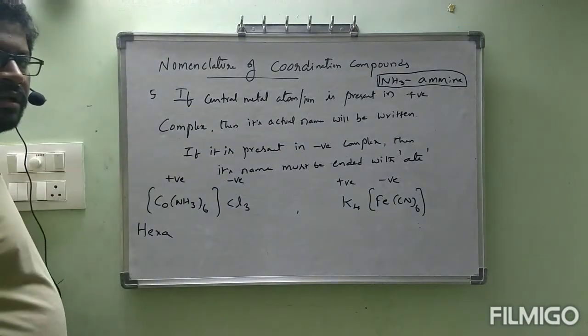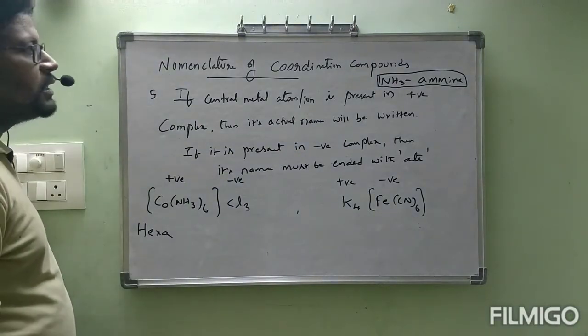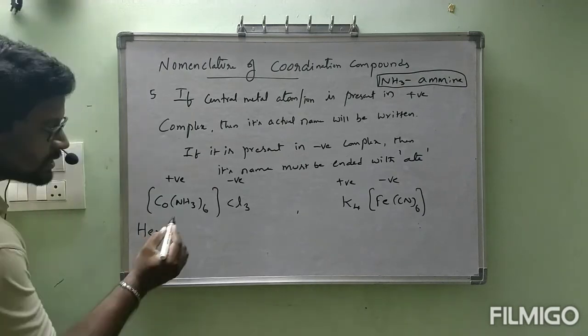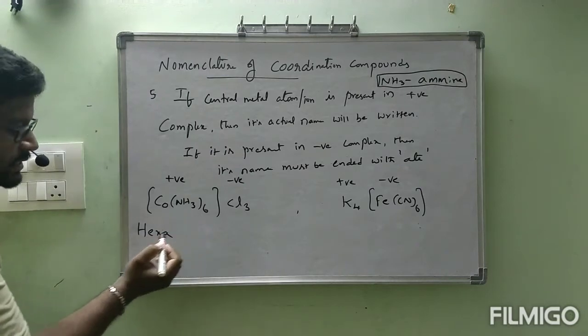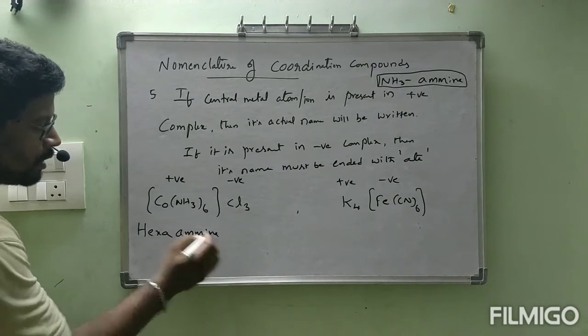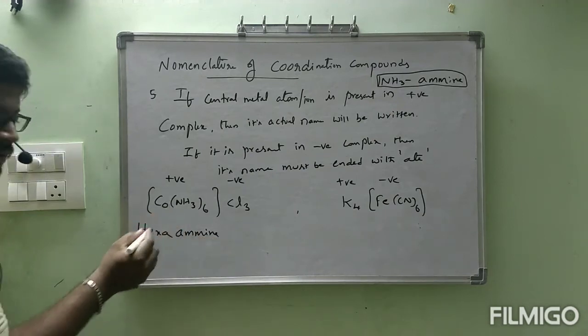In organic chemistry, NH2 means amine, but here in coordination compounds, NH3 means ammine. Now, how many ammines are there? Six. So we write hexaammine. Ligands are written.